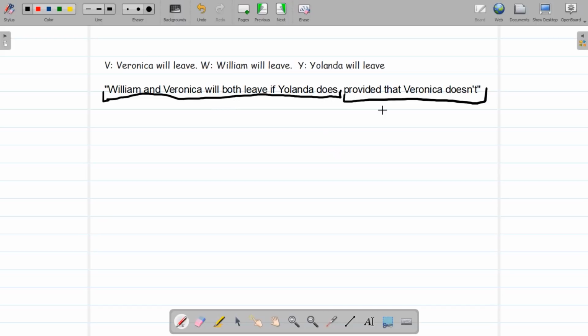Provided that is a conditional. It's the same as saying if: if Veronica doesn't, which means that we've got if not V. Anything that comes right after the if is the antecedent. So we do not V, then this whole thing, whatever this thing is.